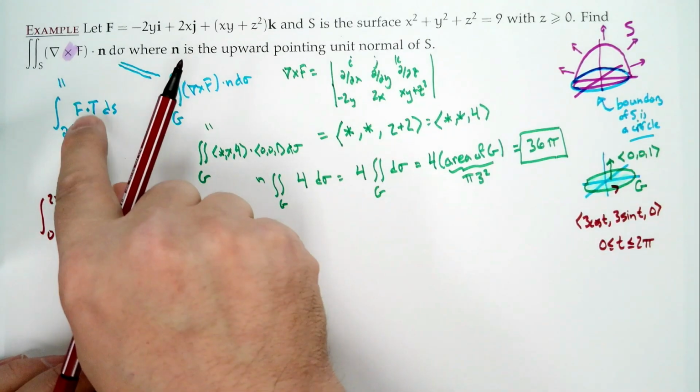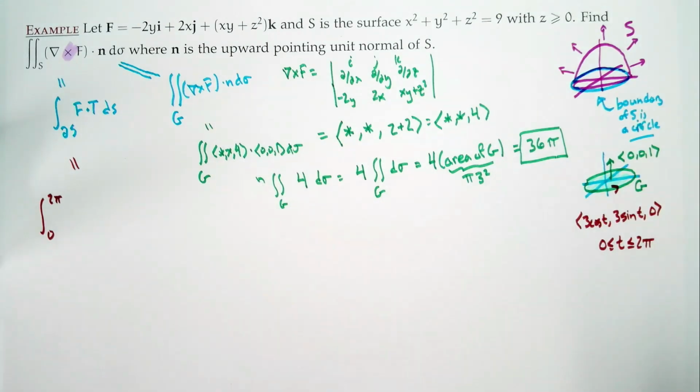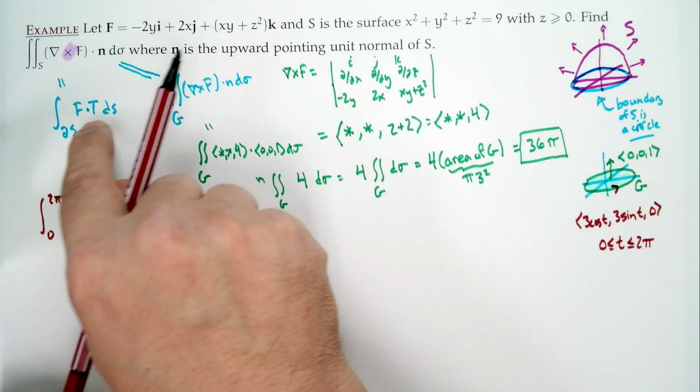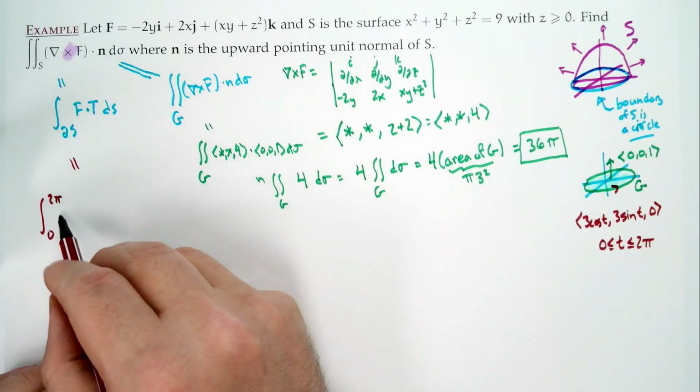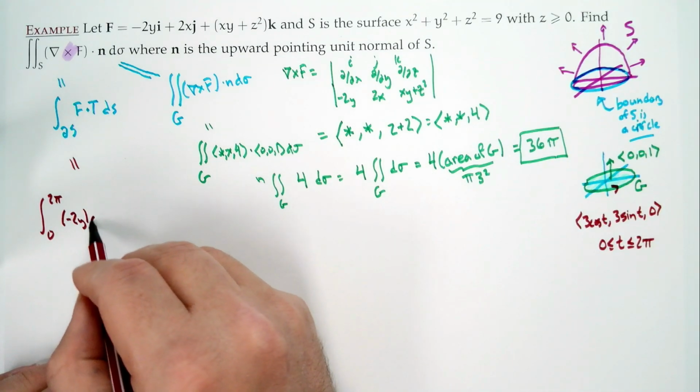Now F dot T says what? Well, this is really the same as F dot dr. So it would be minus 2y.